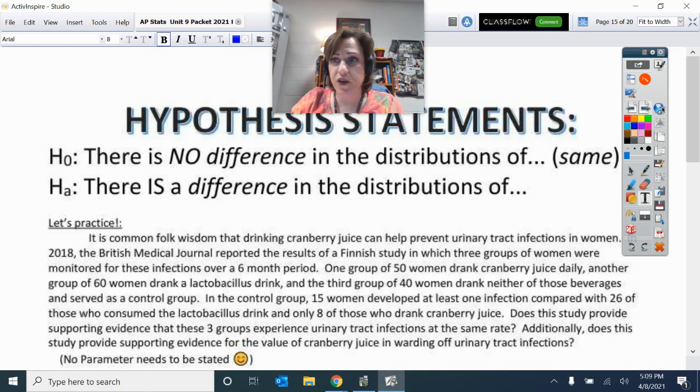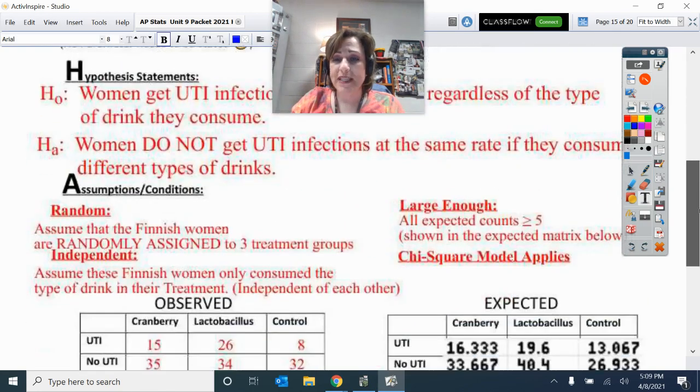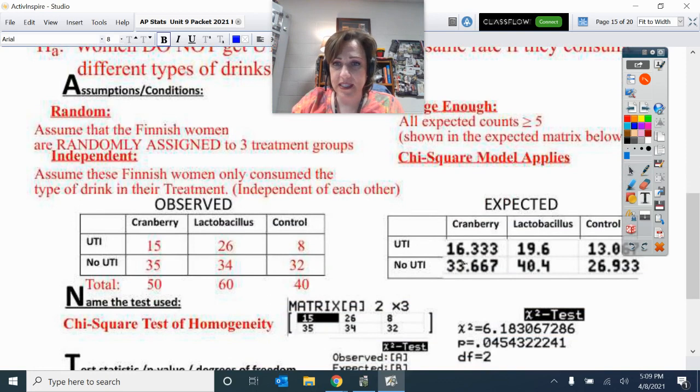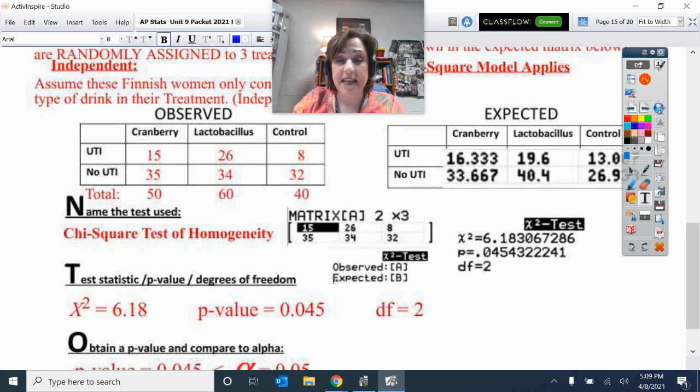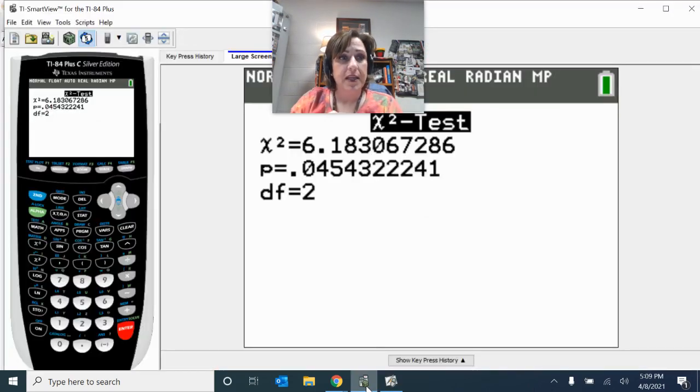All right, so coming on over here, we see that we still need to put in this expected, because I got to show you why I knew that all expected counts are greater than or equal to 5. So remember I told you that the calculator pastes the expected values into matrix B. So let's go and look at that.